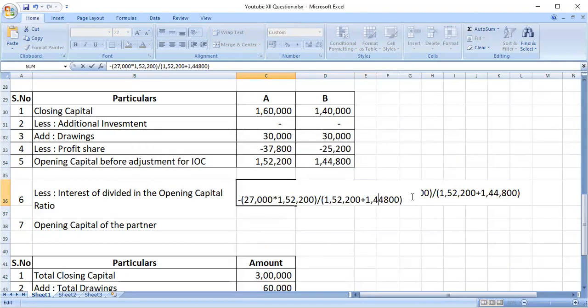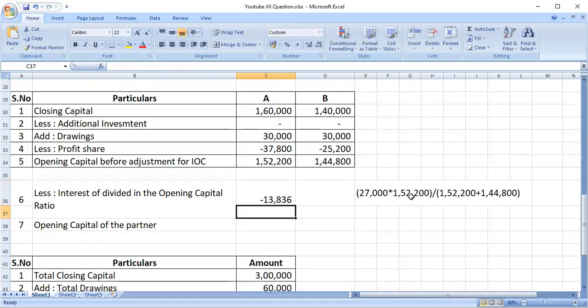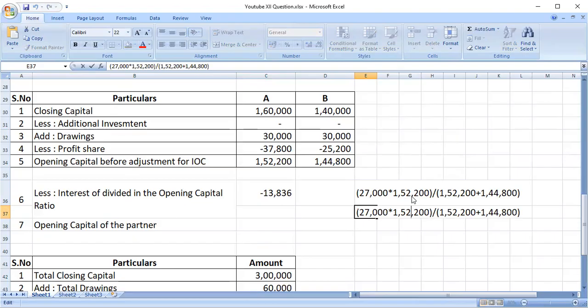So that would be, we need to remove the commas, 13,836 rupees. And for B, it would be the same thing, but in the numerator, you will have 1,44,800. That is 13,164.